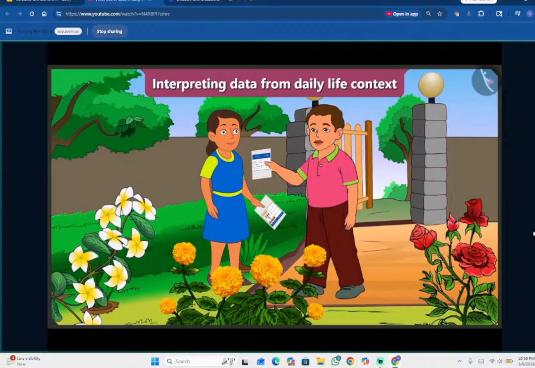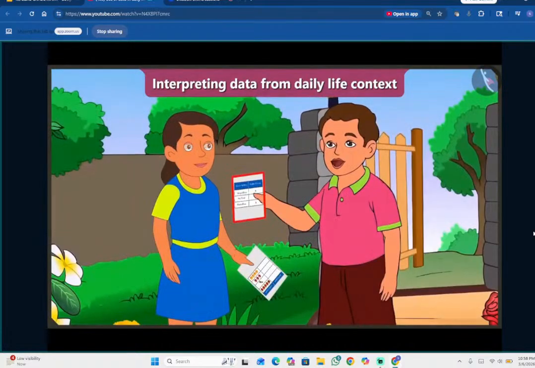Hey, but the data about all the blossomed flowers is already filled in this table. That's why you don't need to count the flowers one by one in the garden. Why? Because whatever details are already filled in this table about the flowers, you just need to understand that data. How is that? Come on, let me teach you.